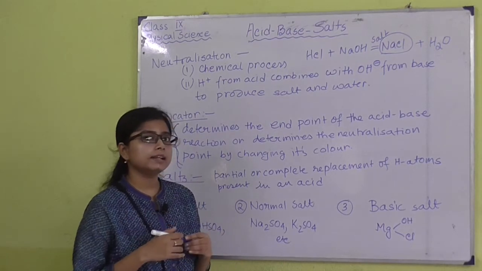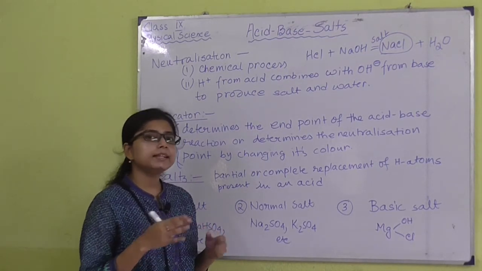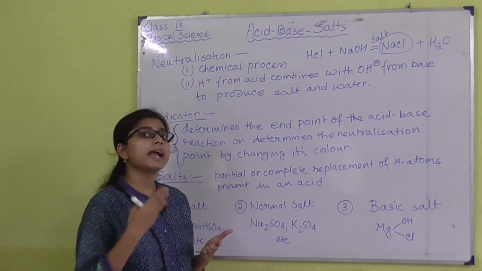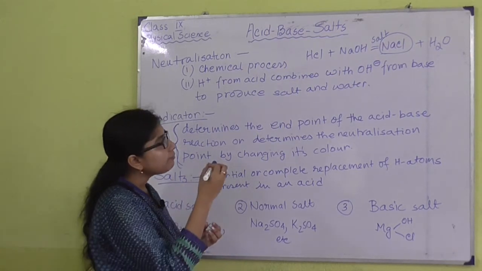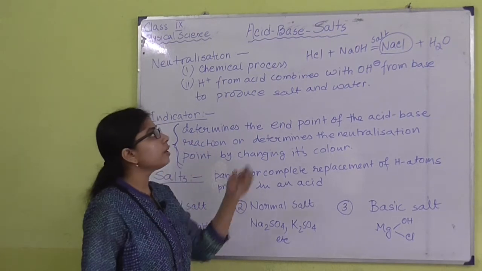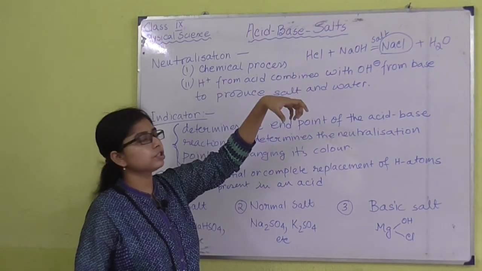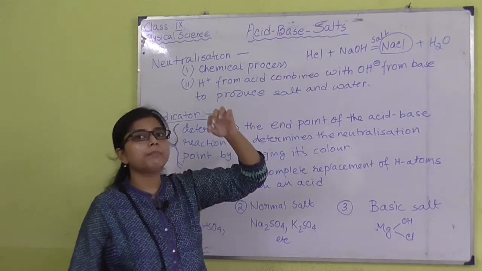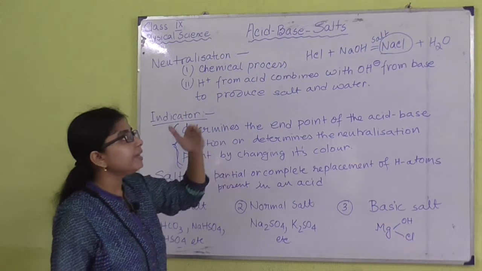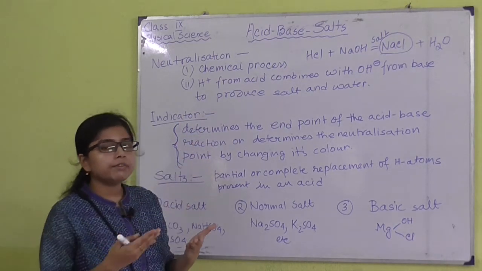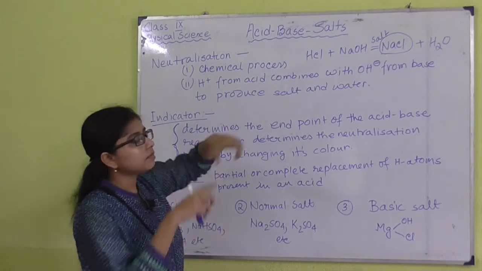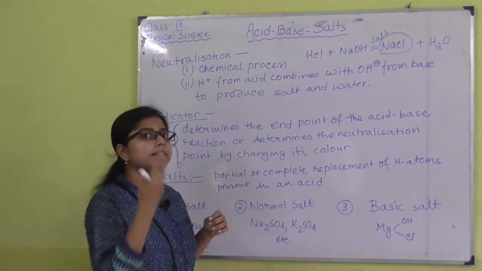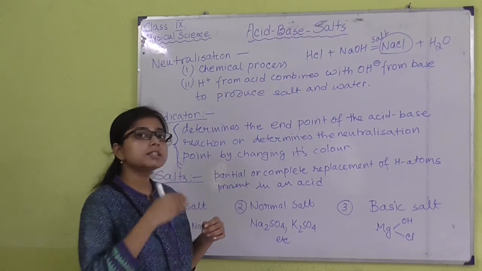Phenolphthalein is normally colorless. In presence of acid it is also colorless, but in presence of base it shows a slight pink color. And if we add 1 drop of phenolphthalein to the HCl solution, and then start to add the NaOH solution drop by drop within the medium, we can see that there will be a time when the HCl will become pink in color, and at that time I can say the reaction is completed.